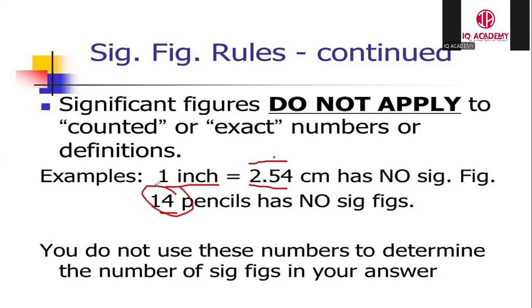So what we see from this is that for a number to have significant figures, that number should be a measured value. If you obtain a number by counting, then it has no significant figures. It's just an exact number.